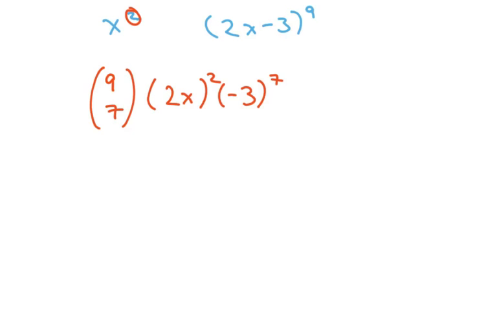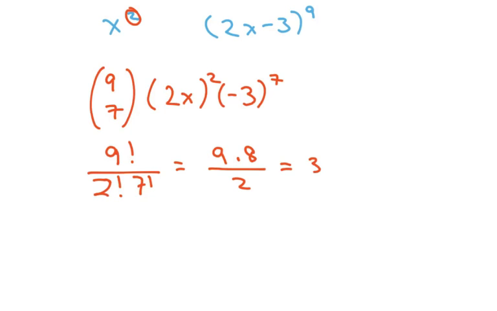So basically I have 9 factorial over 2 factorial times 7 factorial, which is 9 times 8 over 2, which is 36 times 4x squared, sorry, times negative 3 to the 7th.